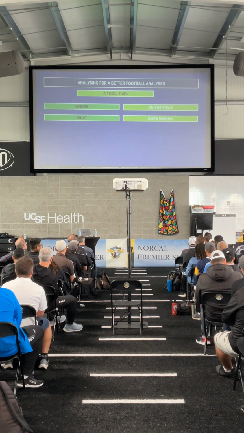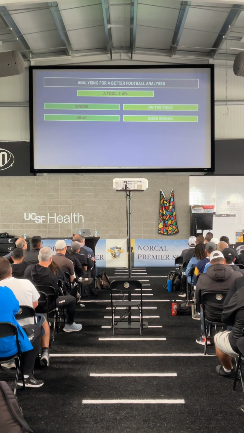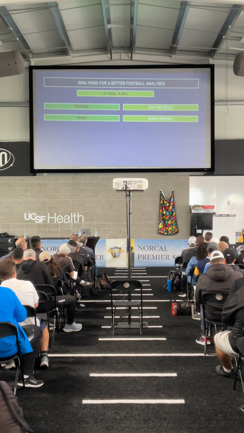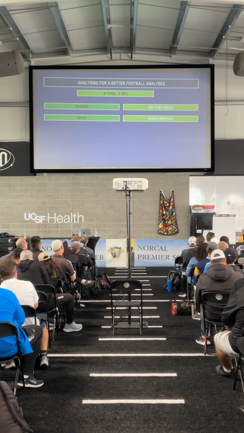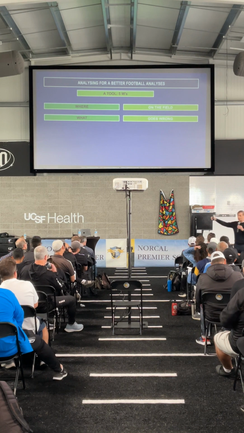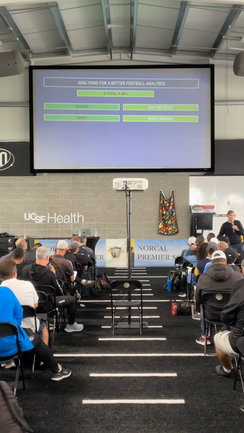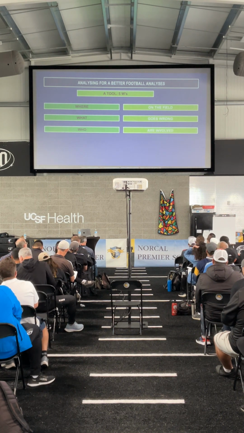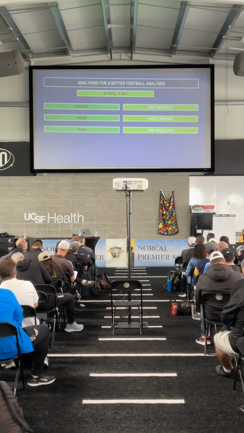What goes wrong? You have a game plan, you build up from the back, and they dribble. Or they lose the ball. Or the pass is too slow. Or the decision making about where the pass should go is not good enough. So, what goes wrong? Then, who is involved?